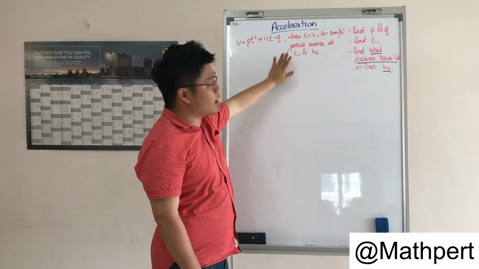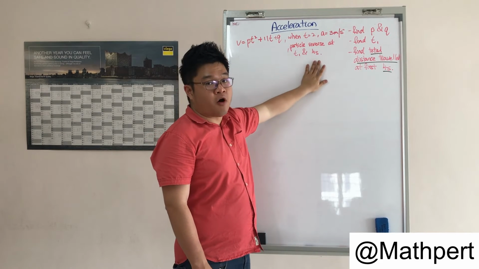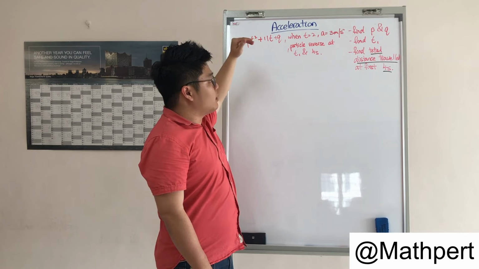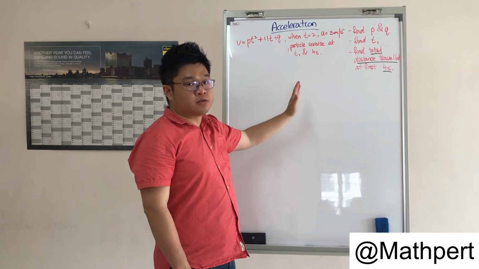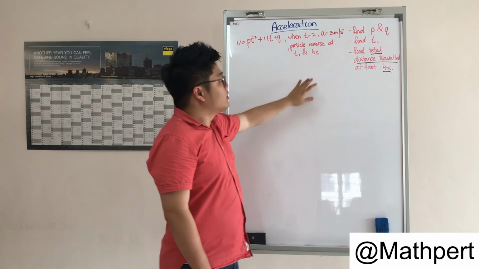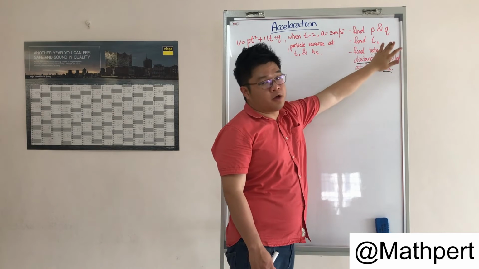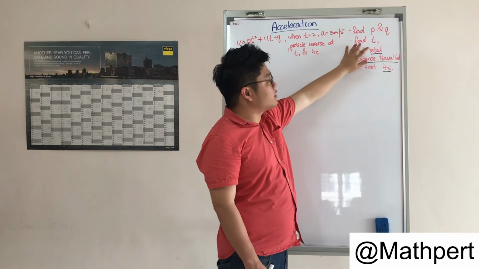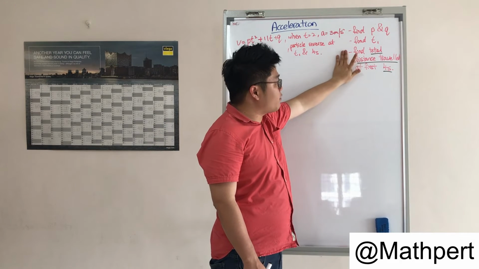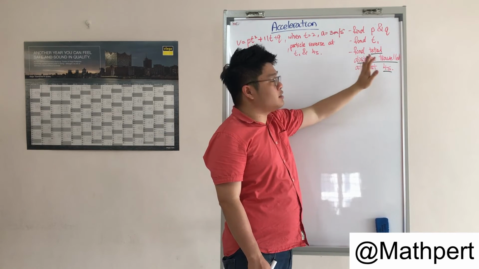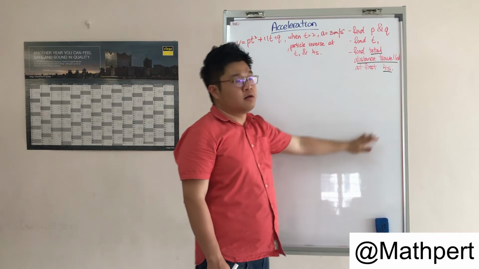And the second information we are given is the particle reverses at t1 and 4 seconds, meaning the direction of the particle's travel changes to the opposite side. First part of the question, we are asked to find p and q. Second part, we are asked to find t1. And the final part will be to find the total distance traveled in the first 4 seconds.